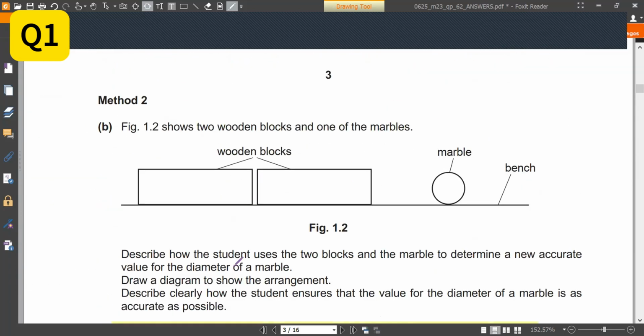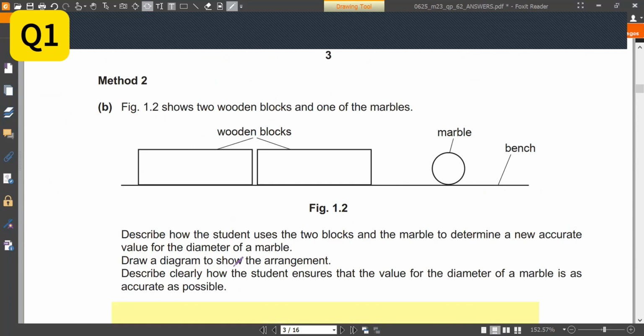Next question. So the figure shows two wooden blocks and one of the marbles. Describe how the student uses the two blocks and the marble to determine a more accurate value for the diameter of a marble. Draw a diagram to show the arrangement.